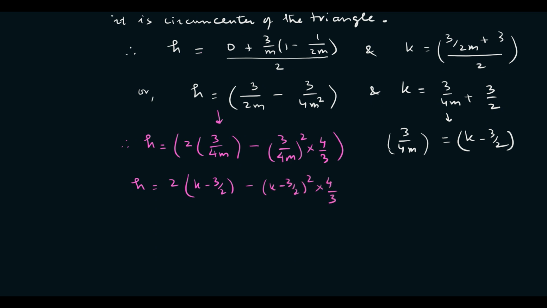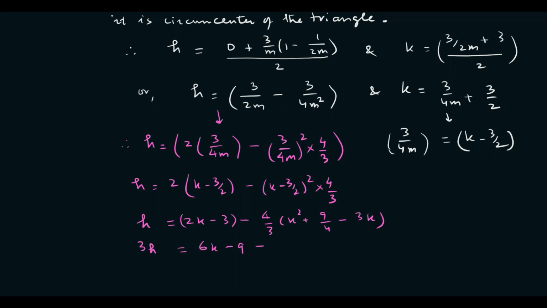You get expressions like these, which now just need to be simplified, multiplying the whole equation. First simplifying 2k minus 3 minus 4 by 3 times, expand the terms first, and then multiply the whole equation by 3.